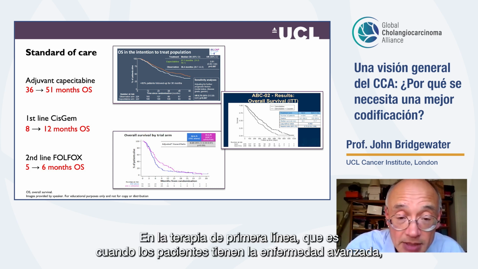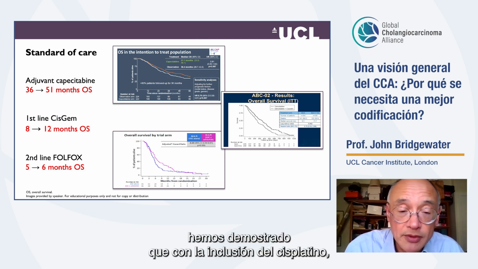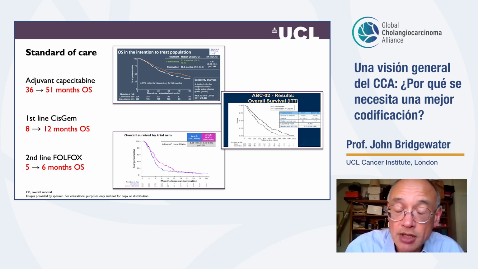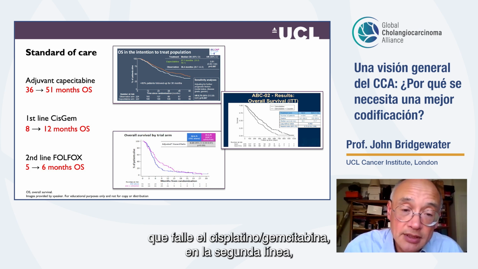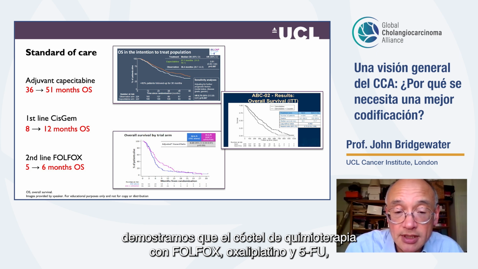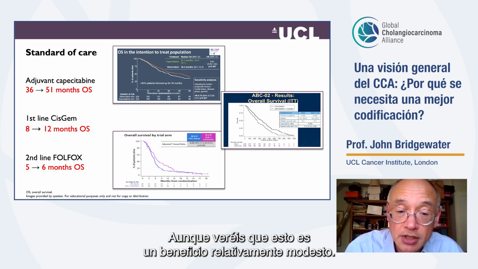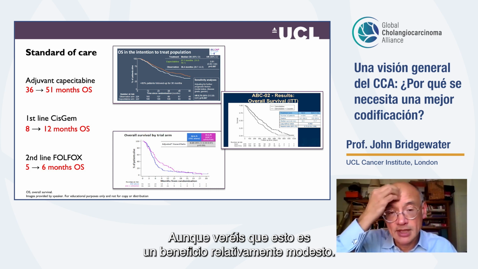In first-line therapy, so that's where patients have advanced disease, we've demonstrated that with the inclusion of cisplatin, we can improve the survival of patients. And then in second line, so that's after the cisplatin and gemcitabine have failed, we've demonstrated that the chemotherapy cocktail FOLFOX, oxaliplatin, and 5-FU can also improve survival, although you'll see that this is a relatively modest benefit.